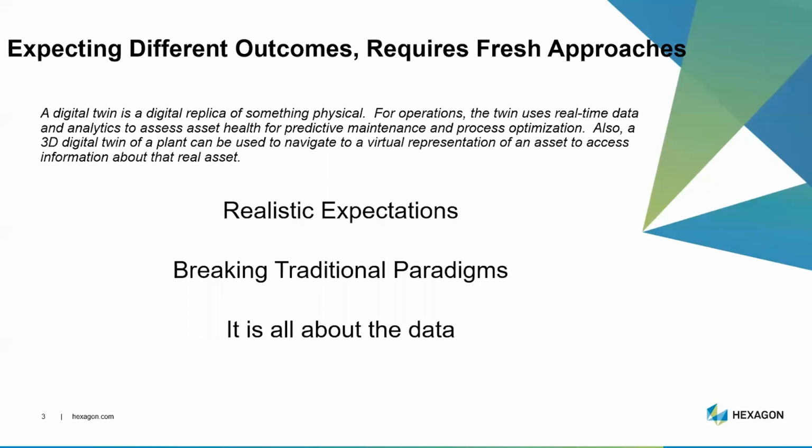Now, we all know, at least in basic terms, what a digital twin is, and there's a definition here for you to see. But part of deciding what the digital twin was going to mean for our project meant setting some very realistic expectations. So we early on decided that the digital twin that we would hand over to operations meant the ability to intelligently view and navigate the asset that we were going to build.